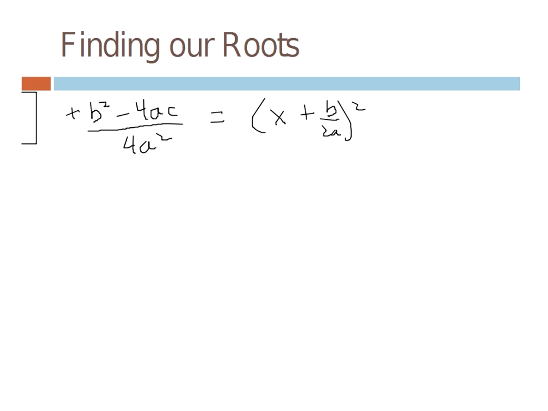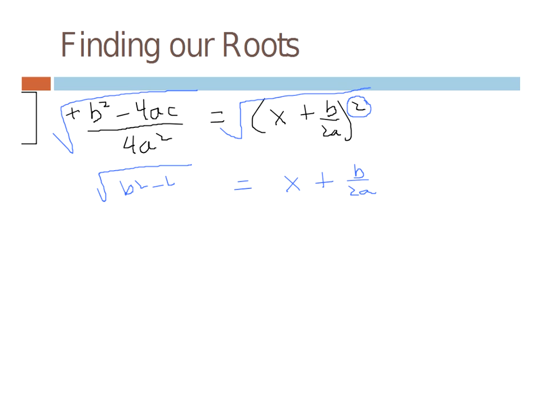And so now, just like we did before, I'll undo the square by square rooting both sides. That leaves the right-hand side to be x plus b over 2a. And the left-hand side, the numerator, I don't know how to square root. But the denominator is simply the root of 4, which is 2, times the root of a squared, which is just a. And there are two answers here.